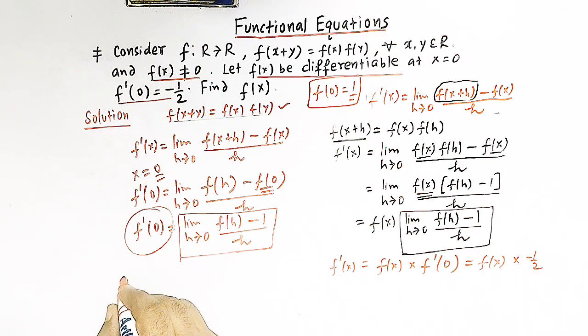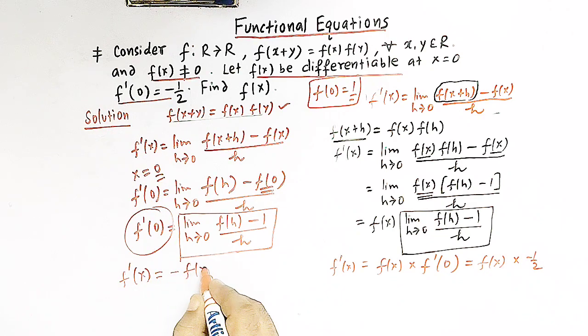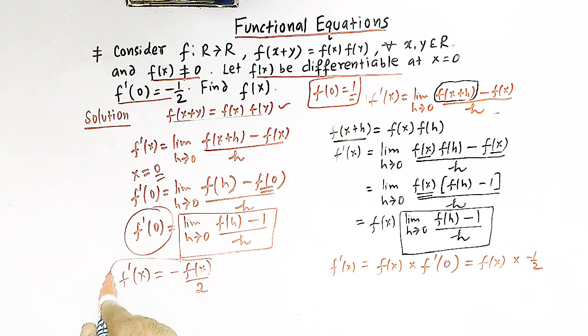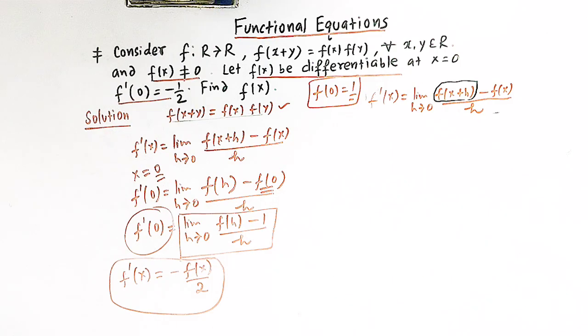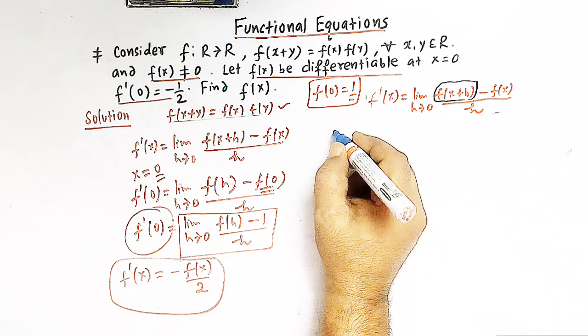So now we have this differential equation, that is f prime of x is equal to minus f of x over 2. So this is a differential equation of order 1 and degree 1. Now to get the value of f of x, we have to solve this differential equation by integrating both sides, right?